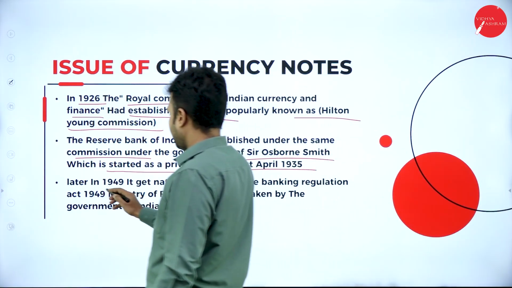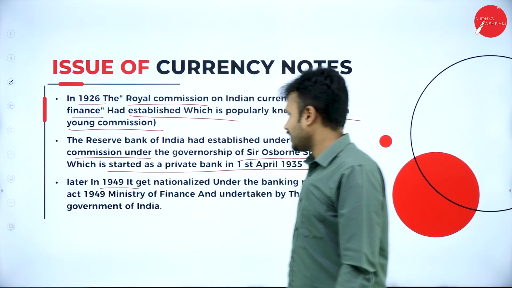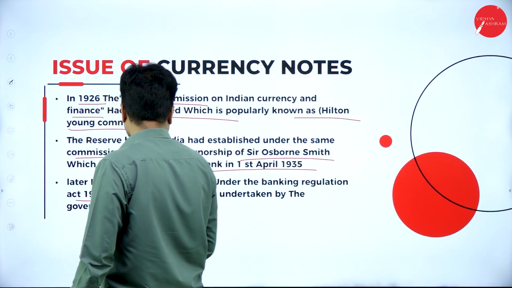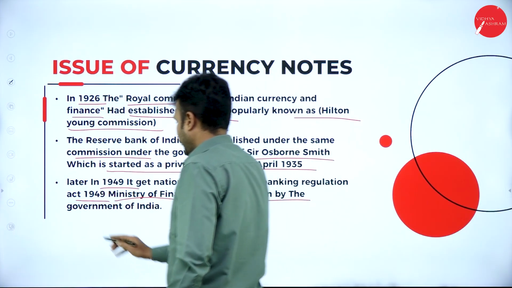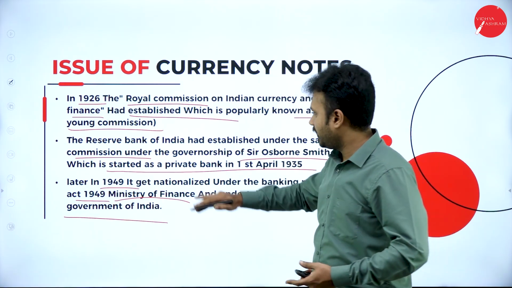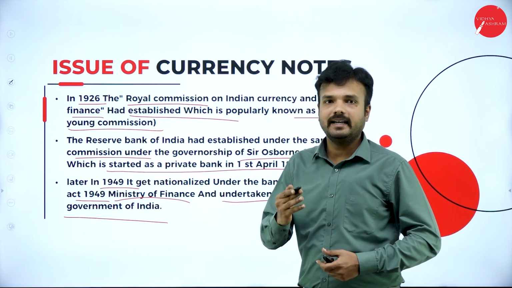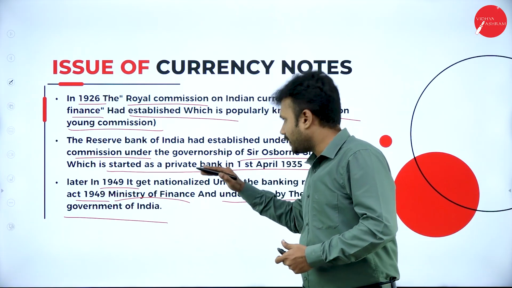In 1949, the Reserve Bank of India was nationalized under the Banking Regulation Act 1949, under the Ministry of Finance, and it was taken over by the Government of India. I repeat, in the beginning the Reserve Bank of India was established as a private bank by the Britishers.